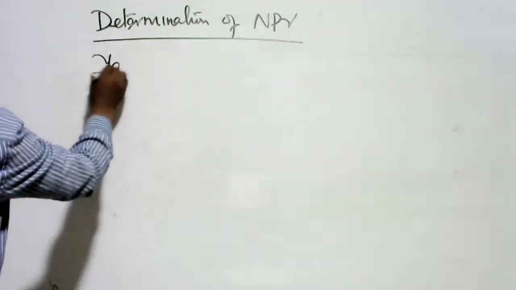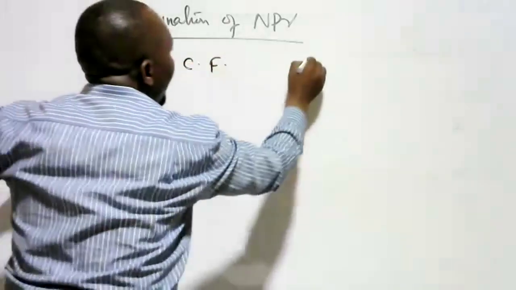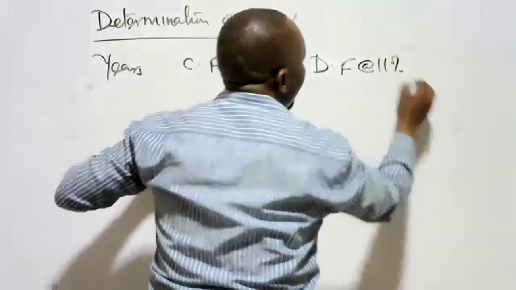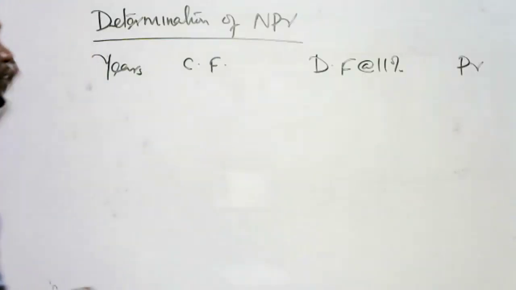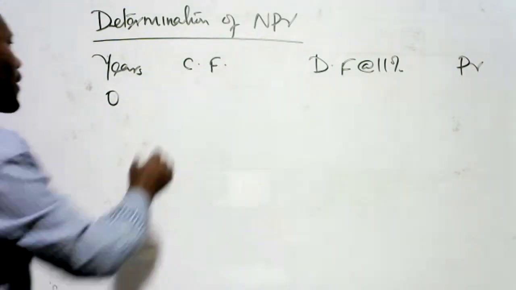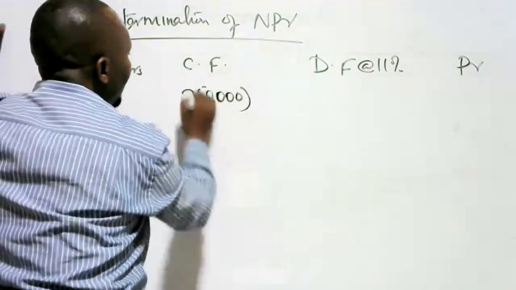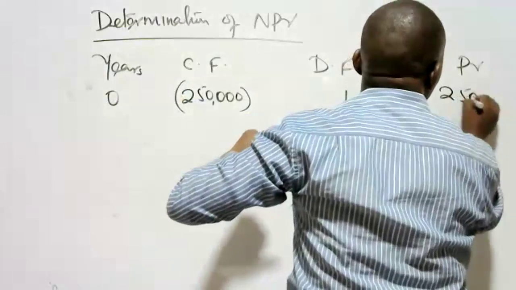So as usual, we can have years, cash flow, discounting factor, and of course it's 11%. Then we have our present value. So the first one, initial outlay is how much? In year 0, we are told that we spend how much? 250,000. Discounting factor is normally 1, and this one is 250,000.